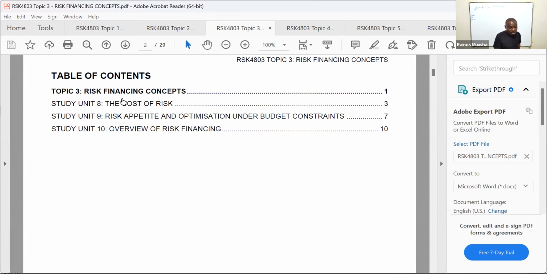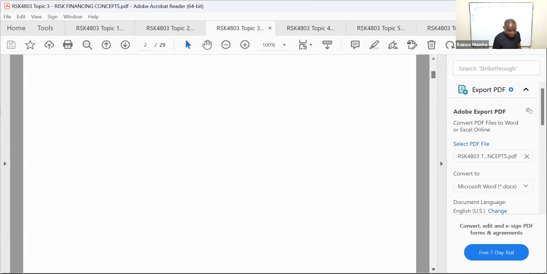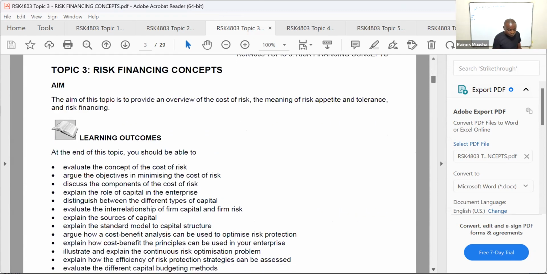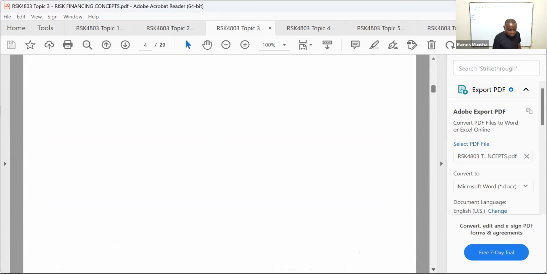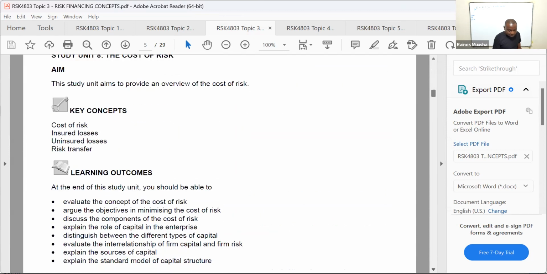The concepts coming from cost of risk are highly examinable. This is where you look at what components make up the cost of risk and how you are able to calculate and ascertain the cost of risk.